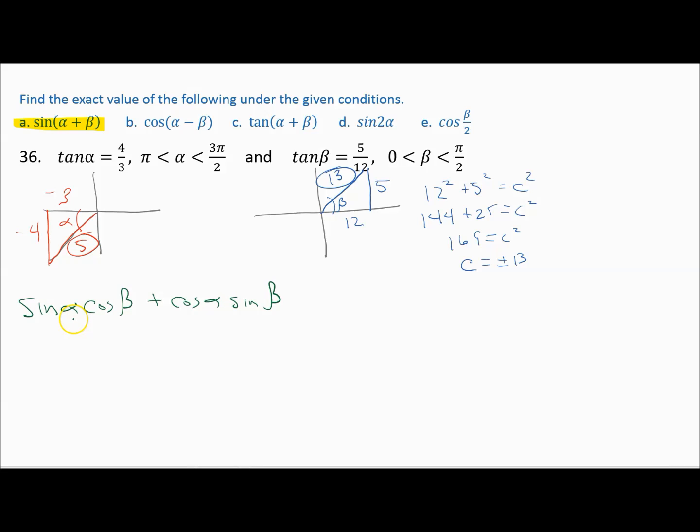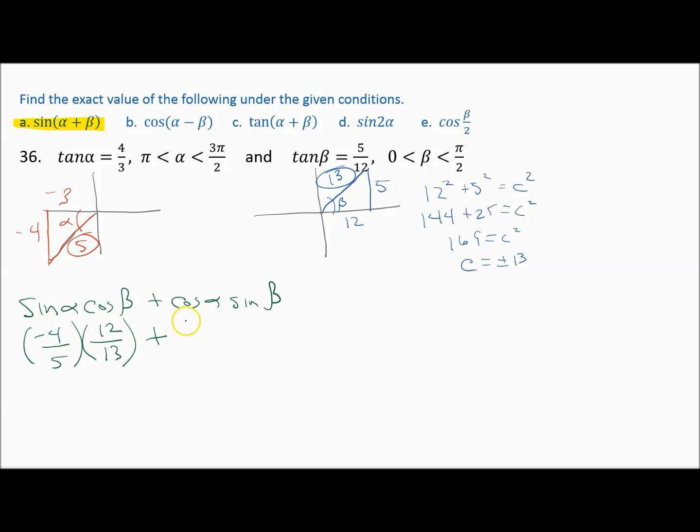So sine of alpha, I need to look at my alpha picture, and that is opposite, which is -4, over hypotenuse, which is 5. My beta picture, okay, so that's going to be adjacent, because its cosine is 12, over my hypotenuse is 13. Plus cosine of alpha, I need to look at my alpha picture.